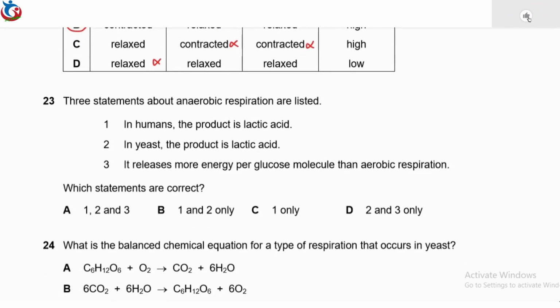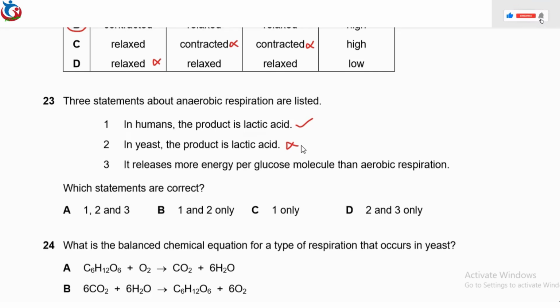Question 23 says, three statements about anaerobic respiration are listed. In humans, the product is lactic acid. Automatically, that is correct during anaerobic respiration. In yeast, the product is lactic acid. No. Yeast produce ethanol, not lactic acid.